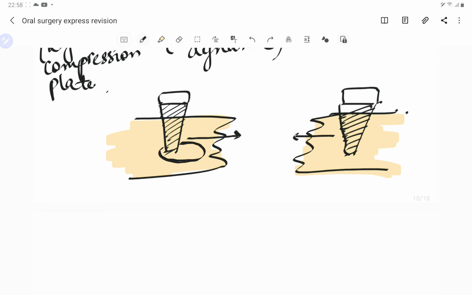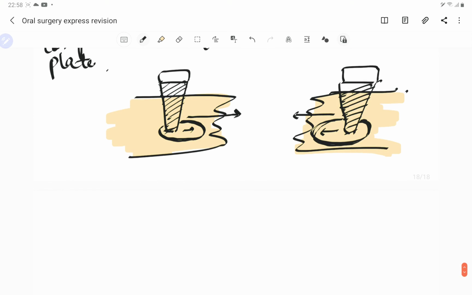You are placing these screws in the oval holes, and these screws are placed distal to the fracture segments so that there is space for the movement. As you can see, there is some space for the movement of these holes.